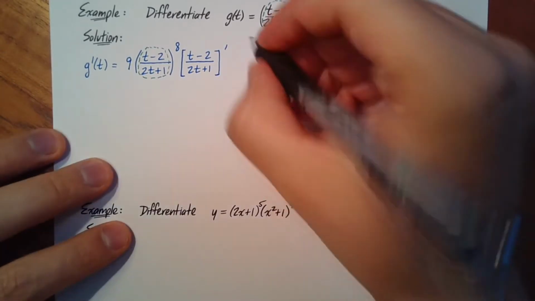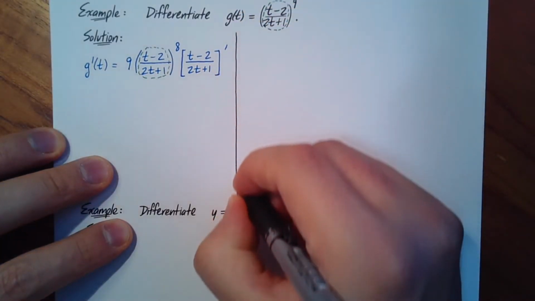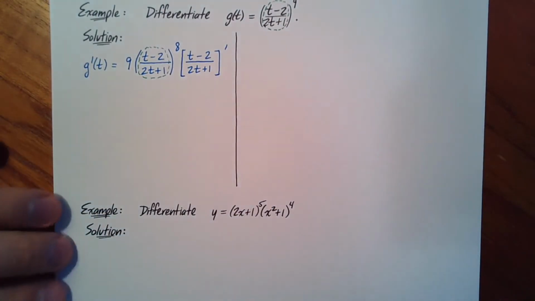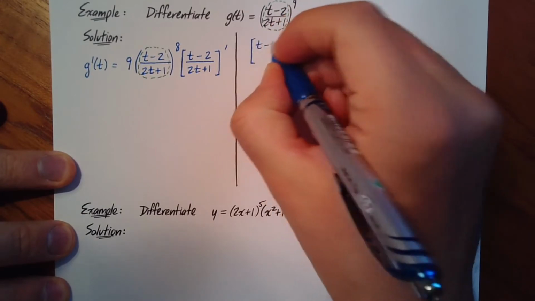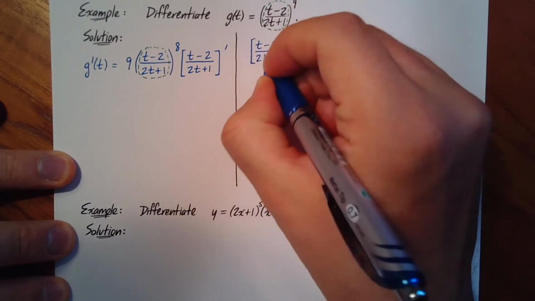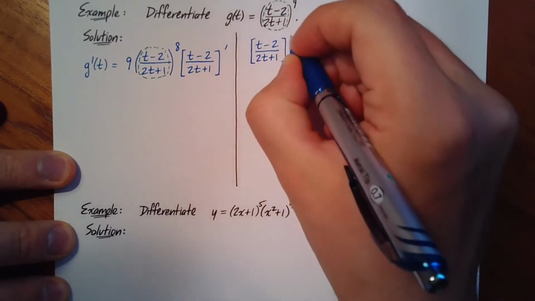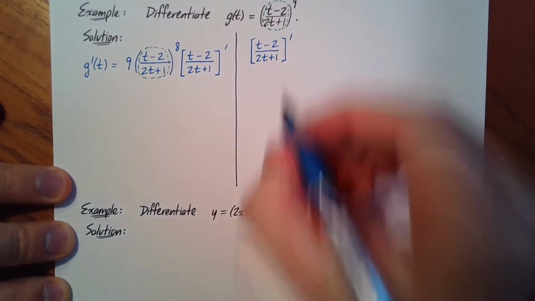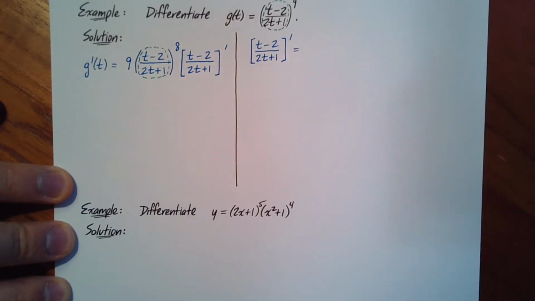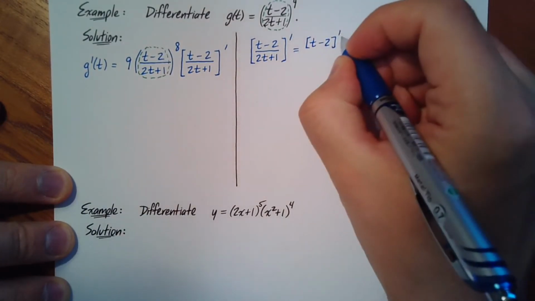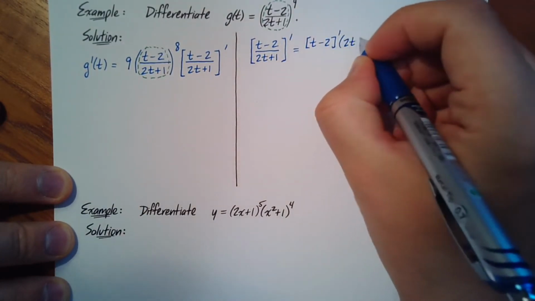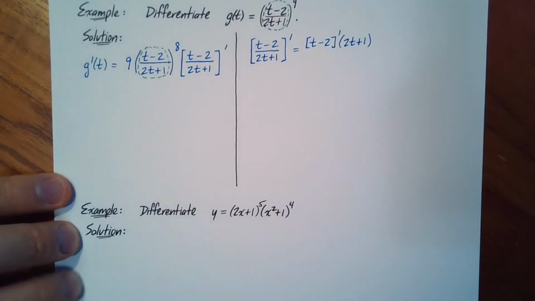Here it is. Let me just draw a line here to keep things separate so it's a little easier to see what belongs to what. Let's work this quotient rule calculation out. So we've got (t minus 2) over (2t plus 1), and we want to take the derivative of that function. Remember the formula: we've got the derivative of the numerator times the denominator unchanged, so times 2t plus 1.